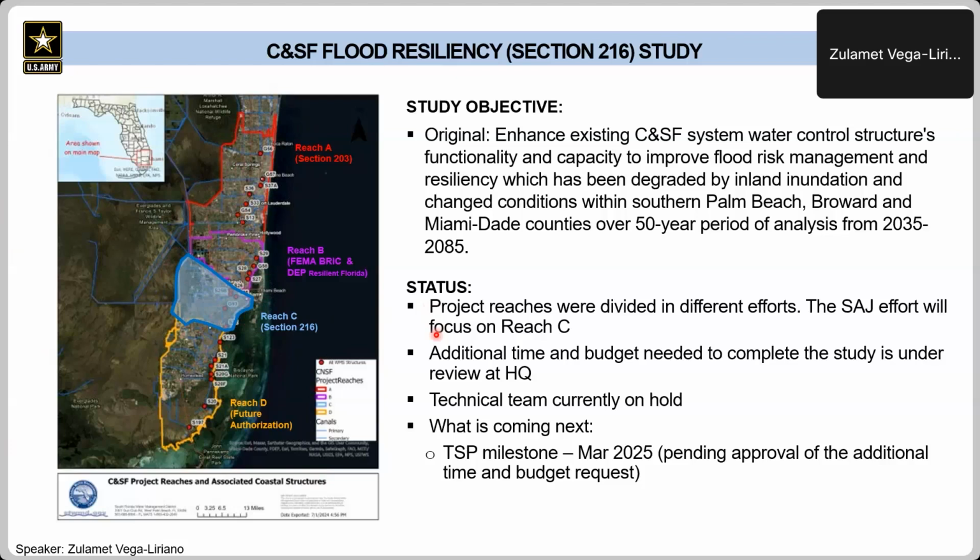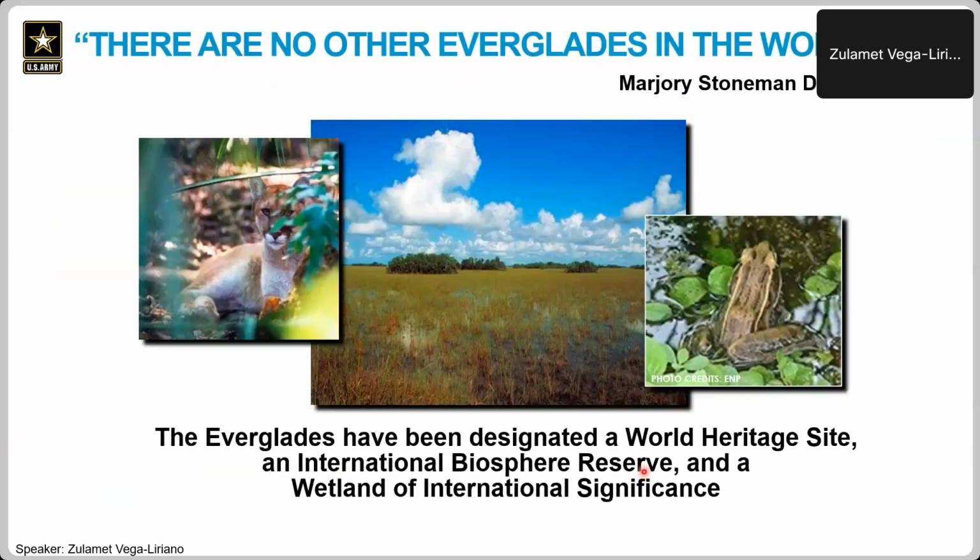While this request is reviewed, the technical team is currently on hold. So what is coming next? After pending approval of additional time and budget, the next milestone will be the tentative selected plan milestone, which right now is forecasted to be in March 2025.